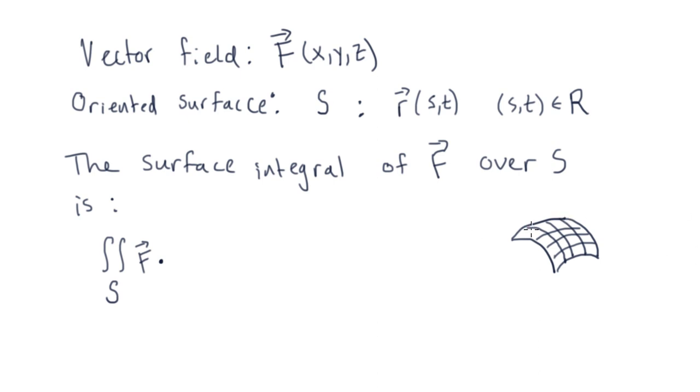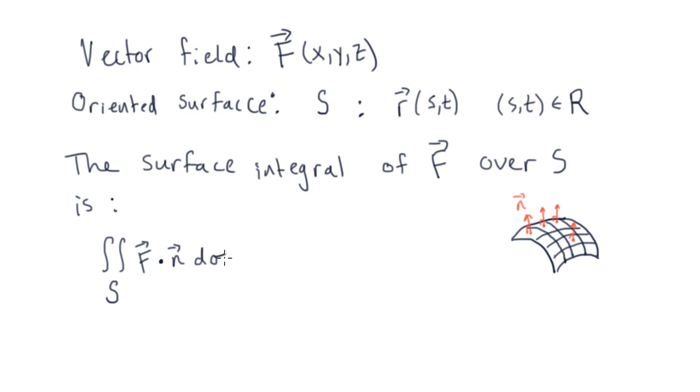So here, I'm going to pick a normal direction. And we'll explain what this means physically in a second. But what I'm going to do is at each one of these surface elements, I'm going to find a normal direction, and I'm going to project F onto a unit vector in the normal direction. And then I'm going to add up all of those contributions over all of the various surface elements.